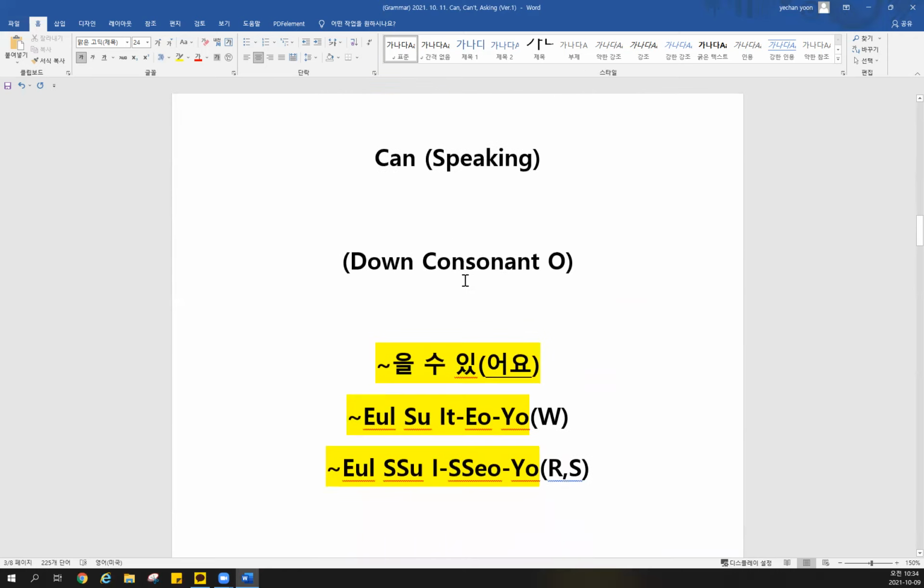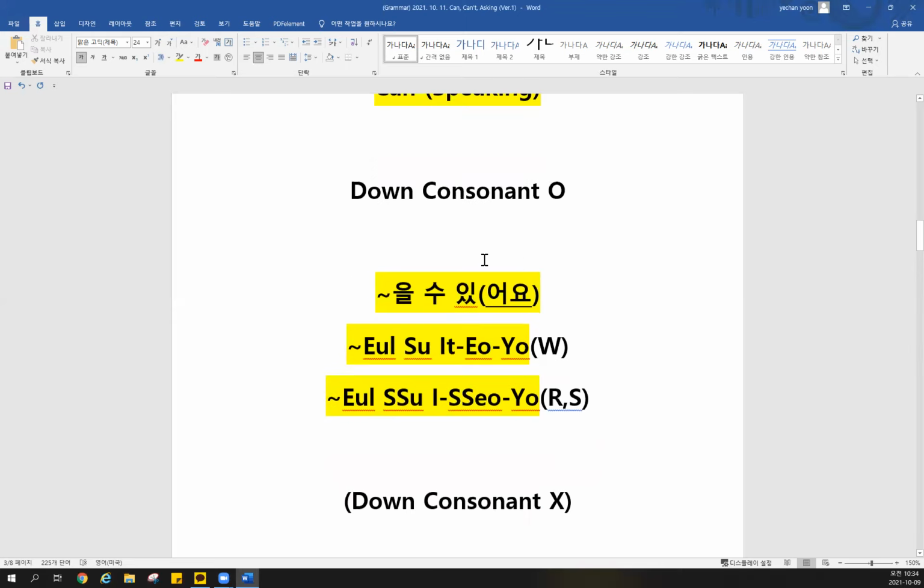Next one. With the speaking, guys, how you can say if they have a down consonant: we don't usually say blah blah 수 있다. We usually say blah blah 을 수 있어요. Writing is going to be 있어요, but it's hard to pronounce, right?